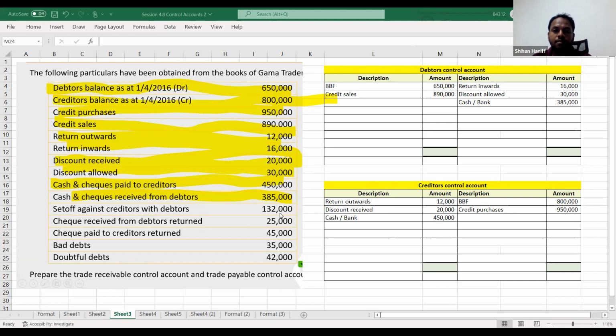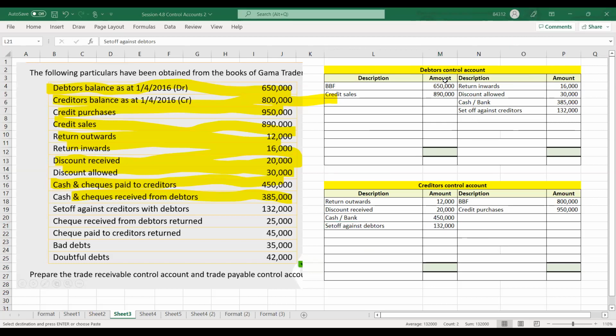So reduce means debtor's account will be credited, and creditor's account will be debited with the same amount. Set off a debtor against creditor.